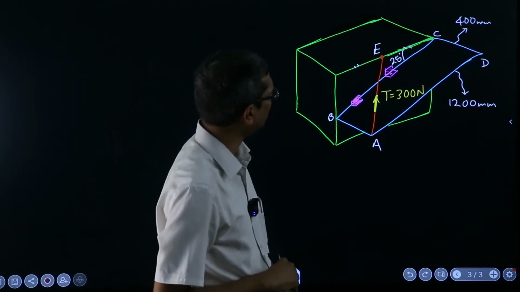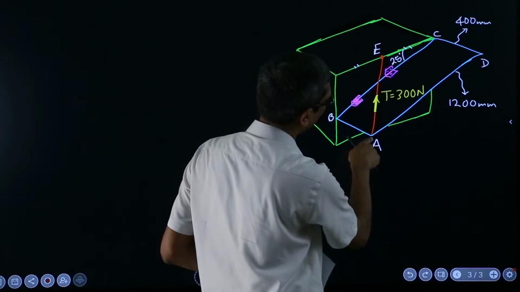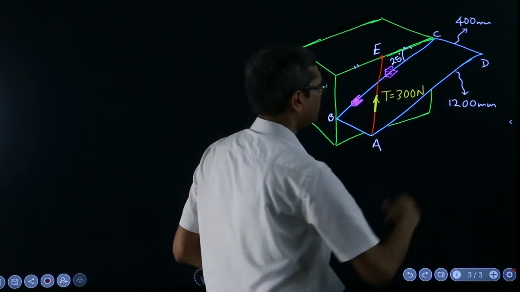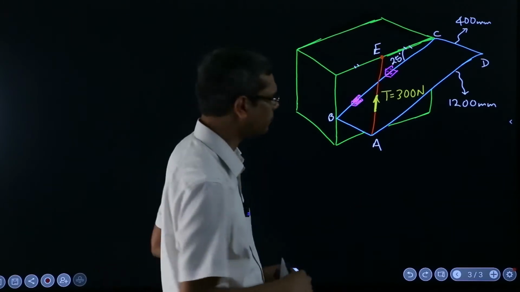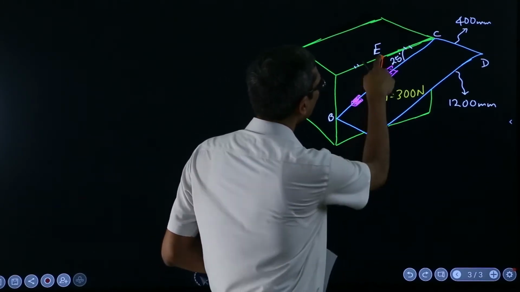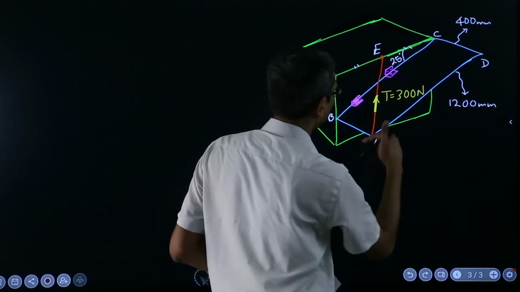Now there is a string which goes from this corner A, the board is ABCD, which obviously must be having some weight of its own, and there is a string that connects point A to this point E, which is the midpoint of this length.